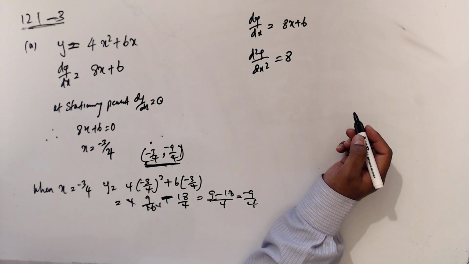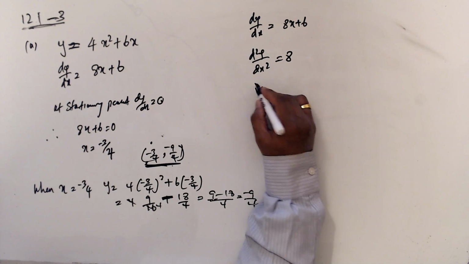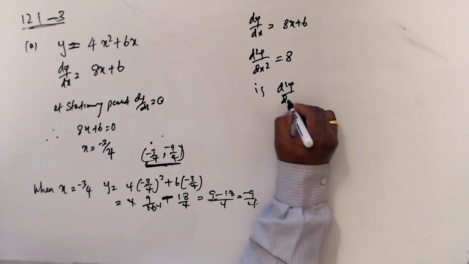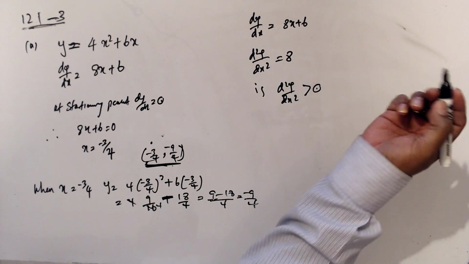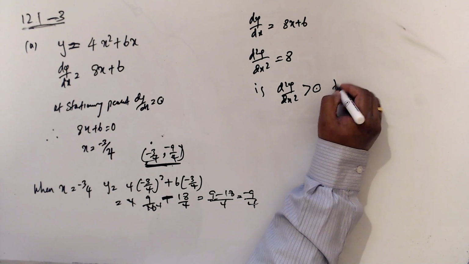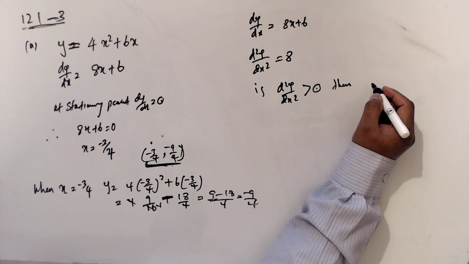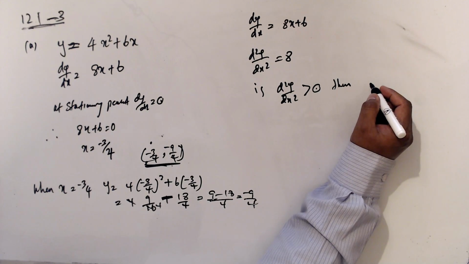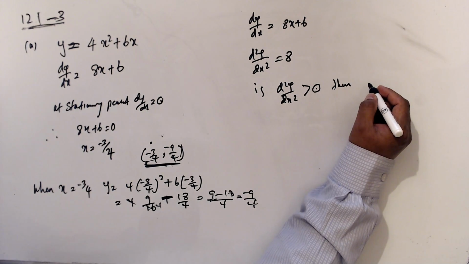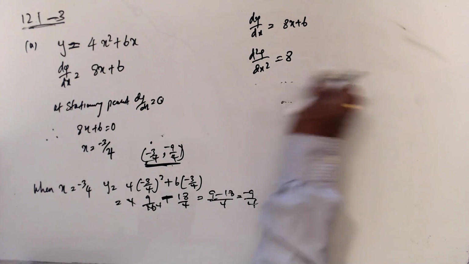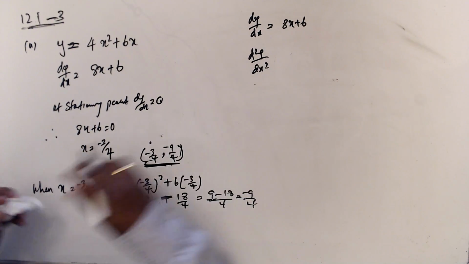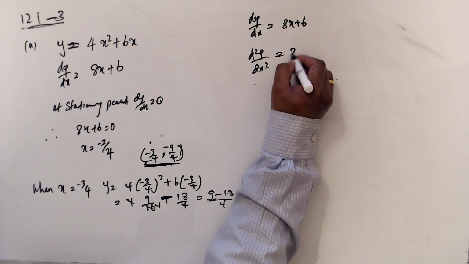So what do you know, if d squared y over dx squared is greater than 0, then... actually let me do it like this. You found that d squared y over dx squared is 8.